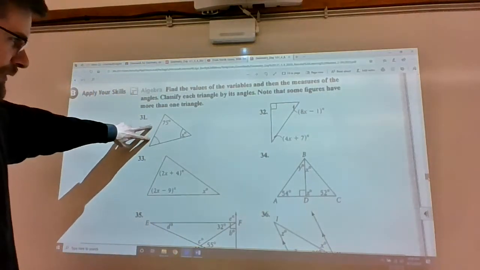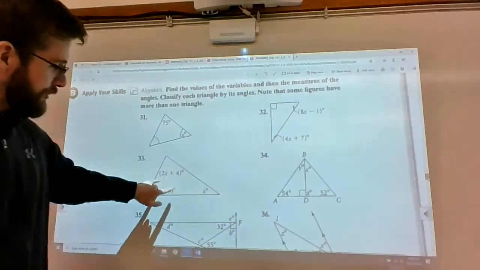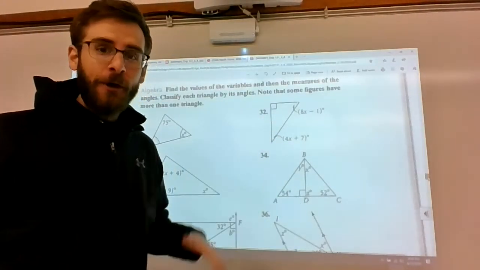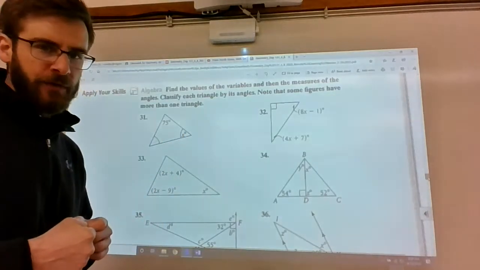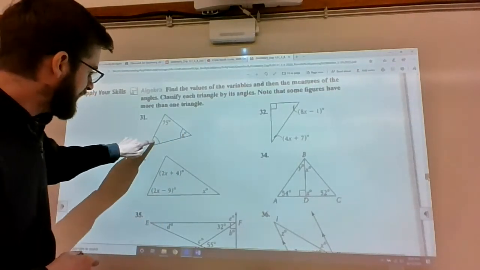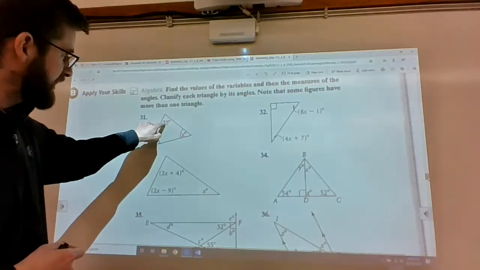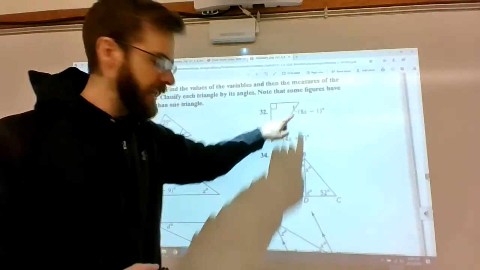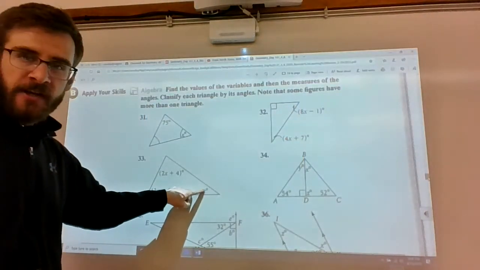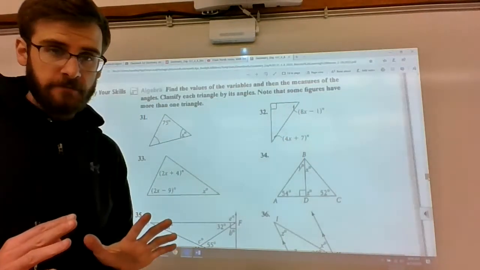We've got a triangle, we've got a triangle, we've got a triangle. Hey, we've got another triangle too. Okay, so all we got to do is keep using that triangle sum. That whole idea that this plus this plus this is 180. This plus this plus this is 180. This plus this plus this is 180.